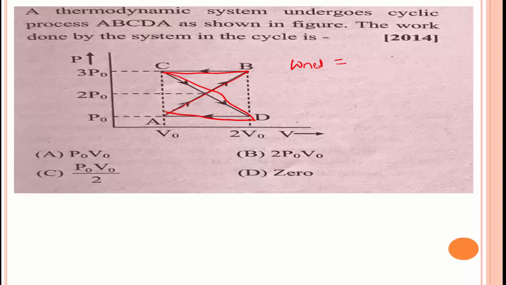Here there are two areas, from A to B, B to C, C to D, D to A. This is the negative work done, for A1, and here the work done is positive, this is A2. When applying the mod condition, mod of A1 is equal to mod of A2. Therefore A1 minus A2 is equal to 0. The net work done by the system is 0.